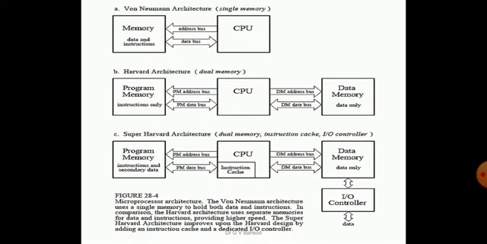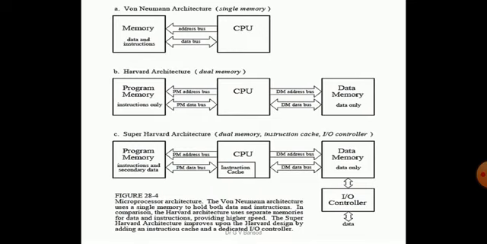While in Harvard architecture, there are exclusive address and data bus for the program memory and address and data bus for the data memory. So there will be separate mechanisms to handle the program memory and the data memory in Harvard architecture.